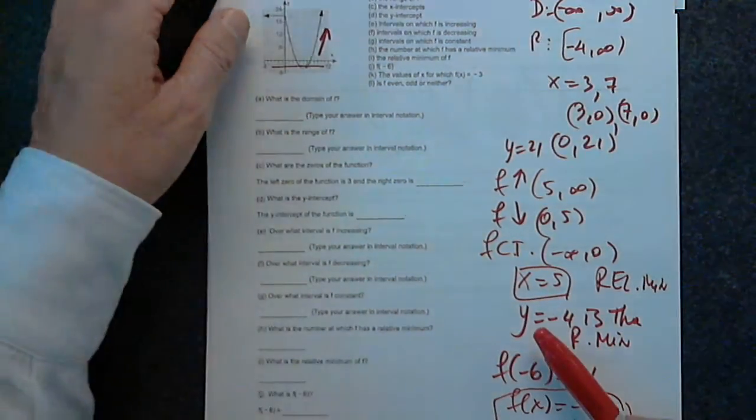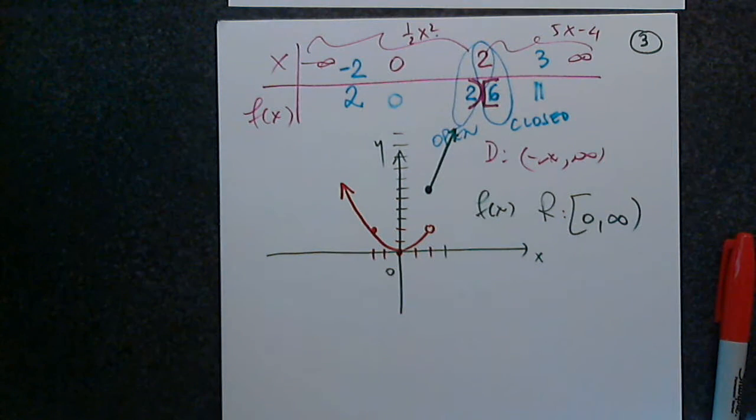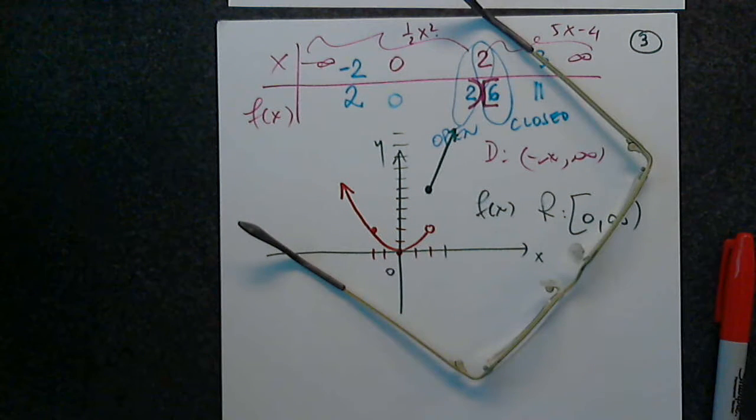Am I off? Okay, let me check. It's very possible. Is this vertical? Oh, 4 and 6. I got 4 and 6. 1, 2, 3, 4, 5, 6. I still see it at 6 though. I see it at 4, and I see it at 6.